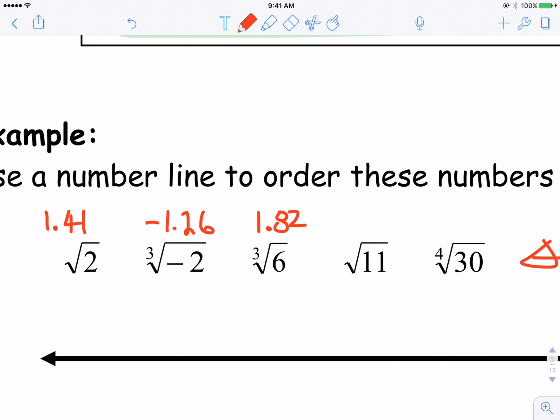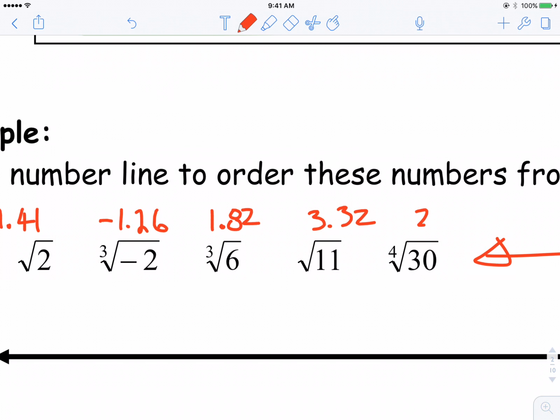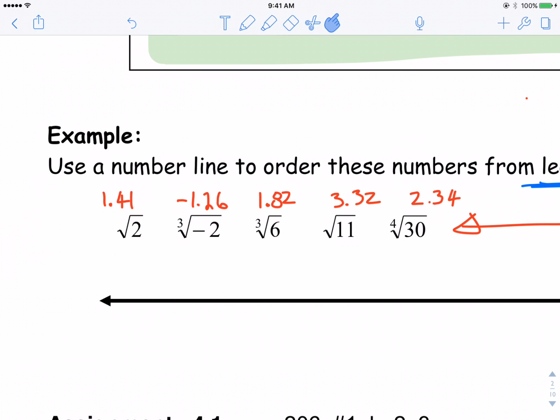The square root of 11 is 3.32. The fourth root of 30 is 2.34. Now, some of these buttons on your calculators, like fourth root or cube root, you might need a little bit of extra instruction on how to find those. So please, please ask, because it's important.